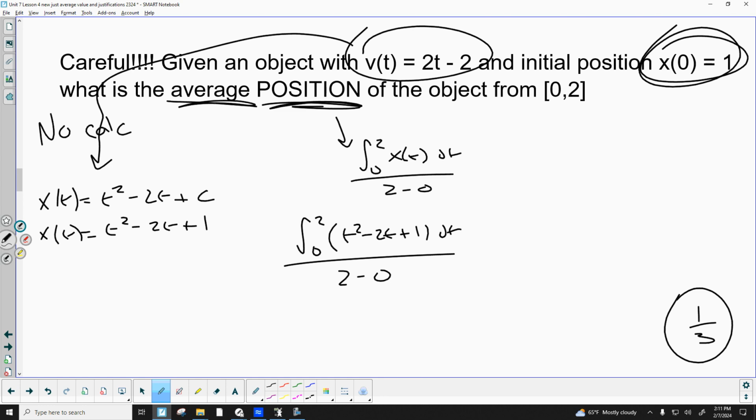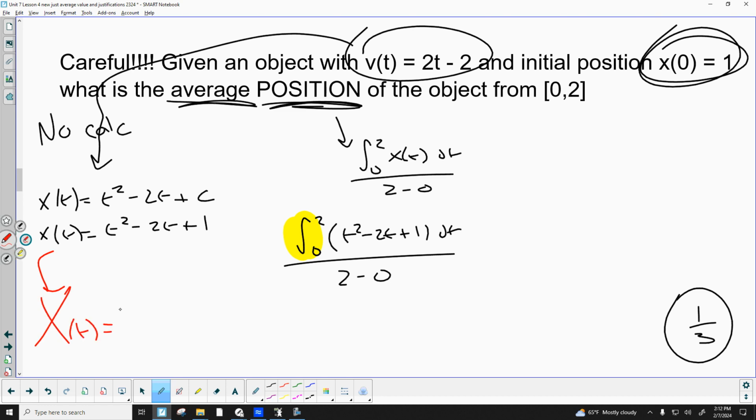I just told you you don't have a calculator. So what do you have to do? You have to take the antiderivative. But you're like, well, I already did. Yes, you did to get x. But now to accumulate x, we need one more antiderivative.